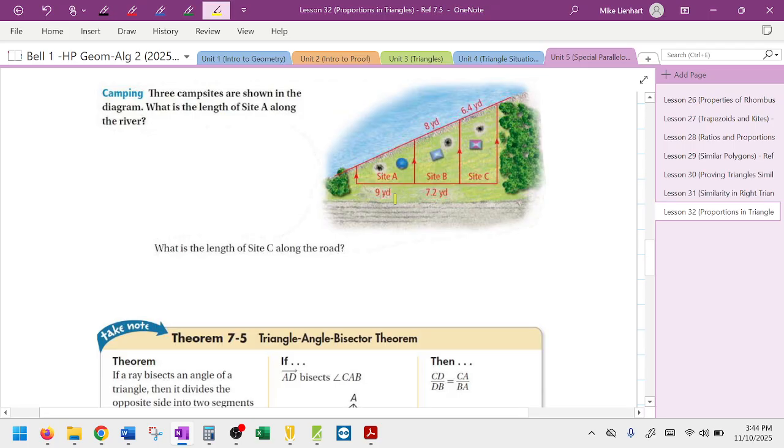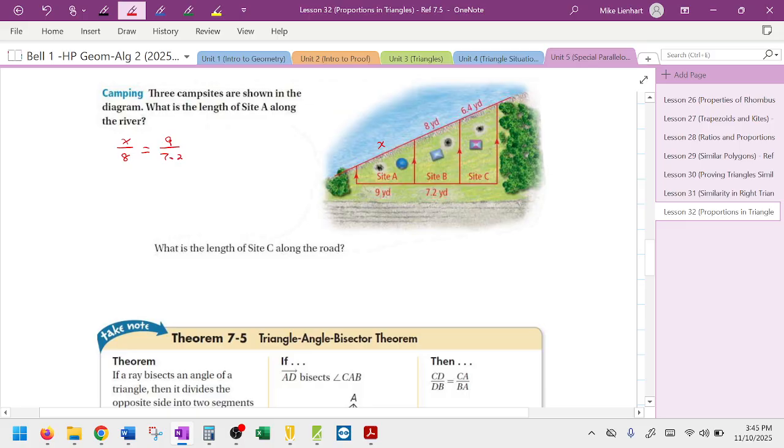All right? So if I look at this picture, would this be an example of that corollary to the side splitter? Well, I know the relationship between 9 and 7.2 has to be the same as this side over 8. Well, the problem is I don't know this side. Could I find that side? Yes, let's call that side x. So I know that x over 8 has to equal 9 over 7.2.